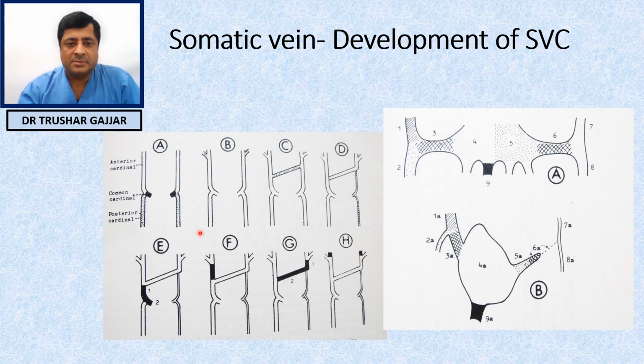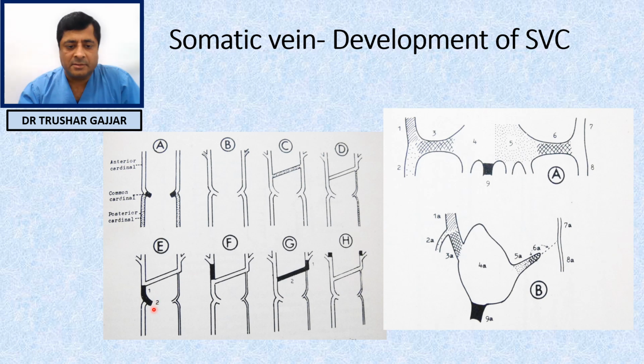Let us see the somatic veins fate. So we have right and left anterior cardinal veins, posterior cardinal veins, and what you see here is a common cardinal vein. So a communication develops between right and left anterior cardinal vein. The left cardinal vein disappears or regresses and forms a ligament.